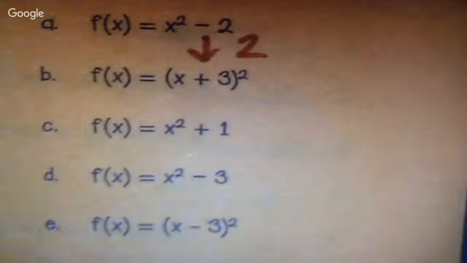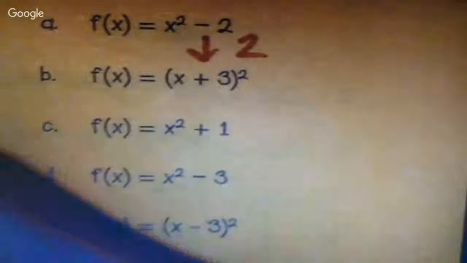So number 9 is A. Okay. B. X plus 3 squared. Left 3. I was trying to figure out where you're coming up with 2. That's B. B is 1.